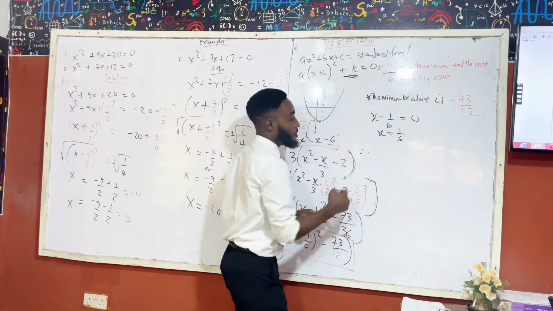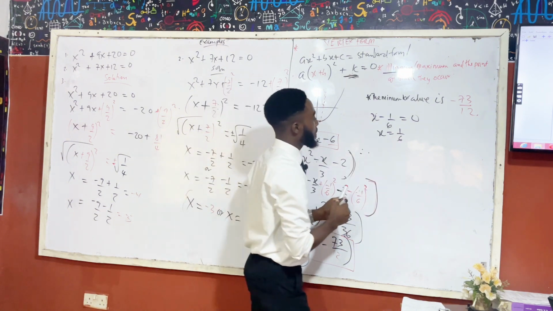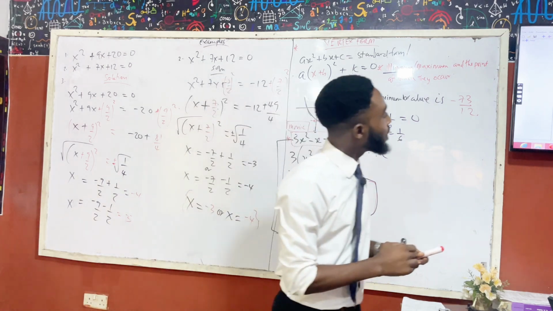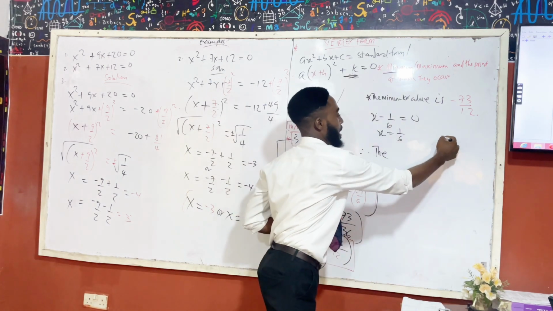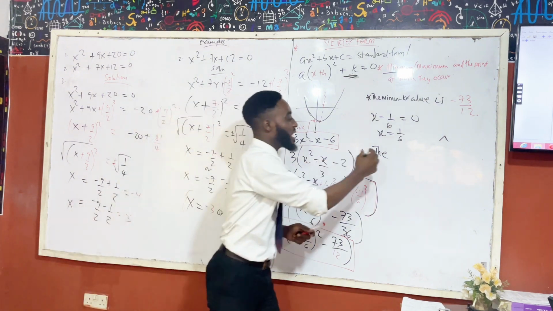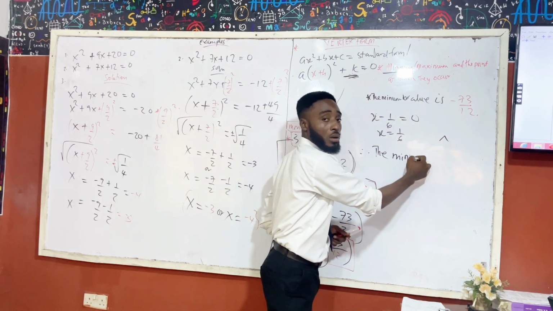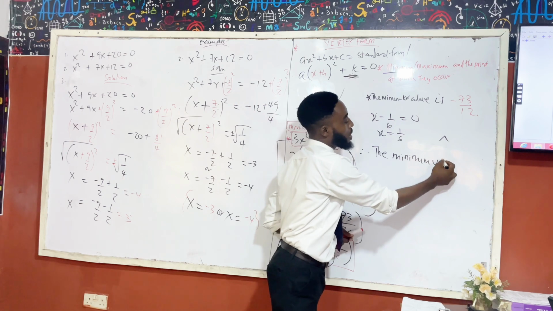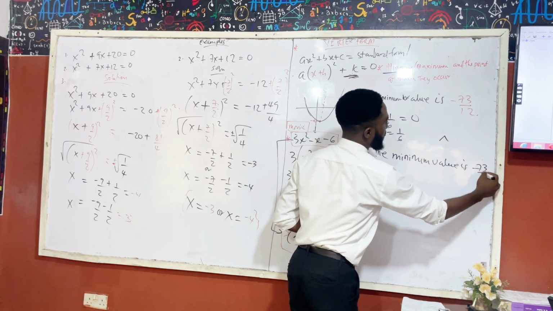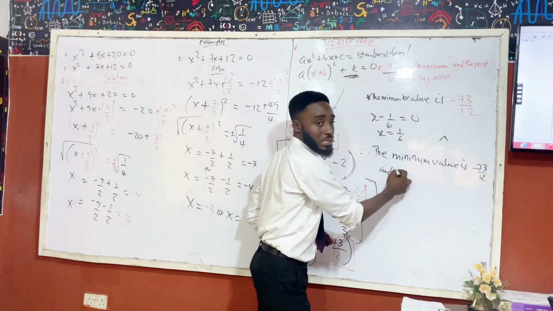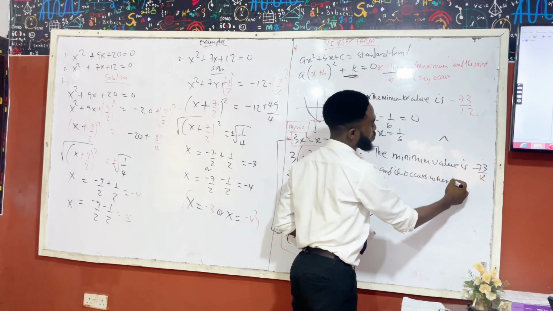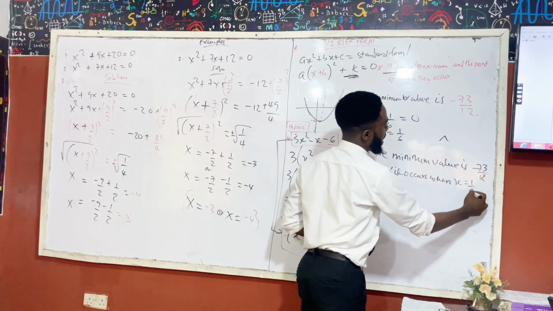So I'll write, therefore, the minimum value is minus 73 over 12, and it occurs when x is equal to 1 over 6.